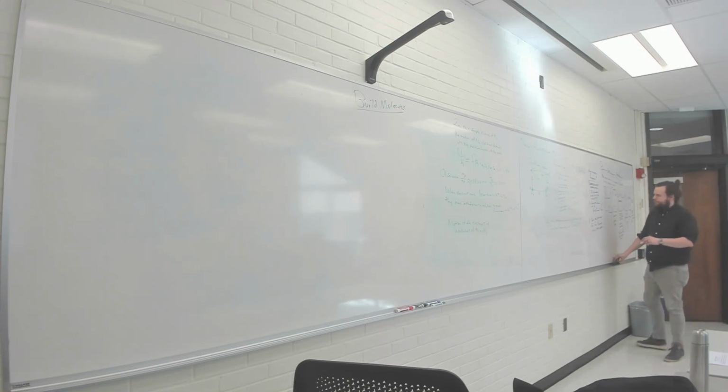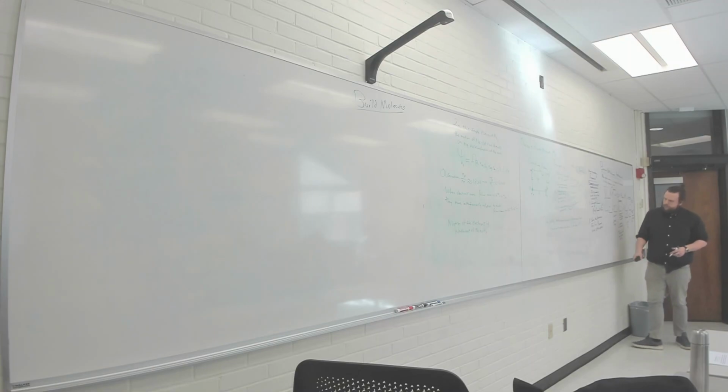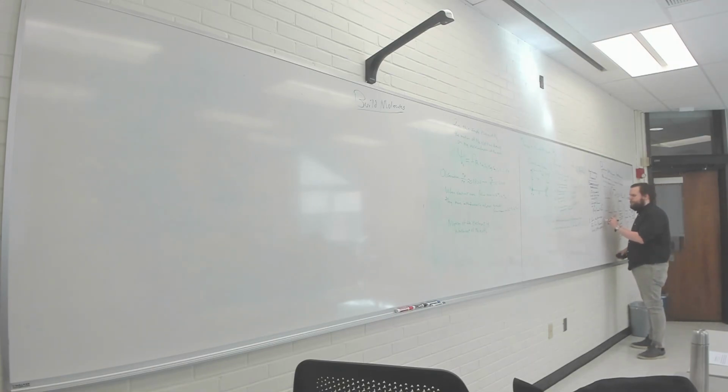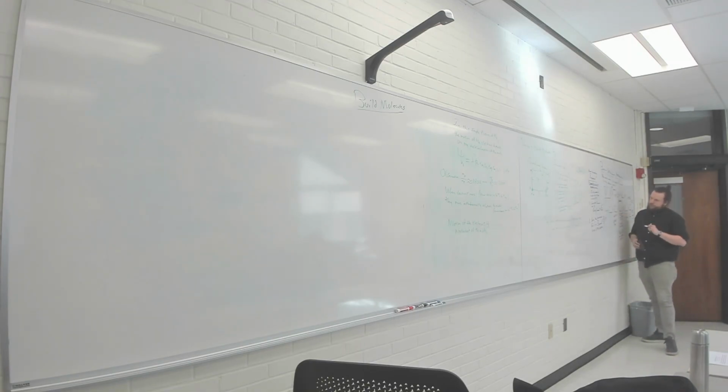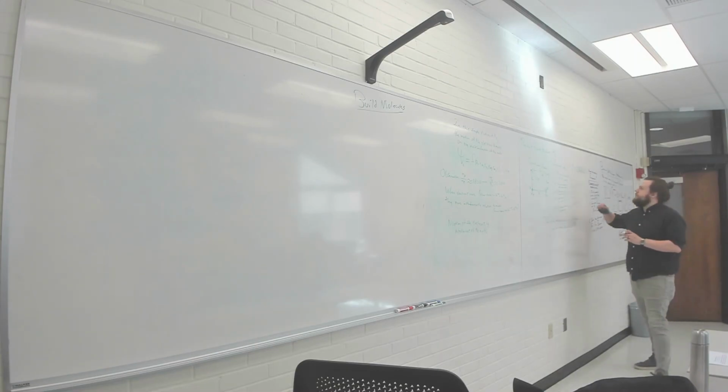I'll just write that as a sum of smaller, simpler wave functions that give us a bigger one. We solved the Schrodinger equation for that. So what does that give us?